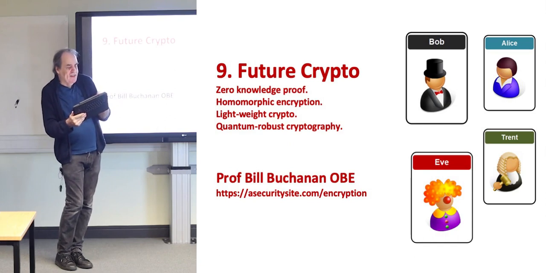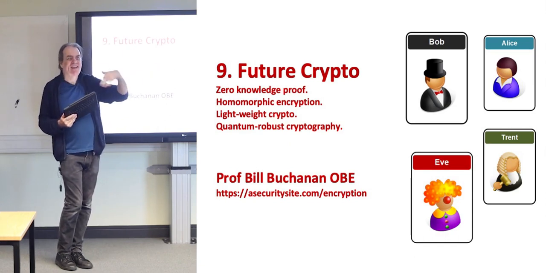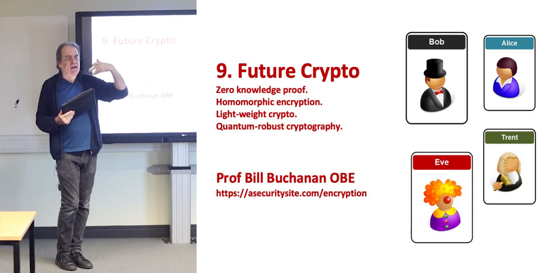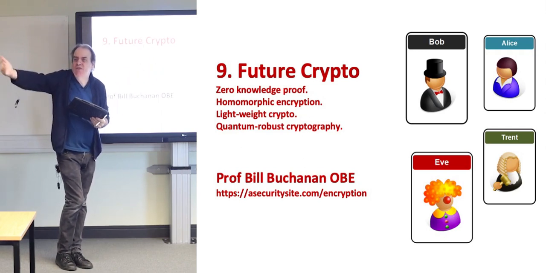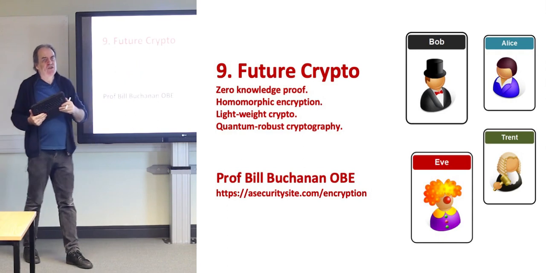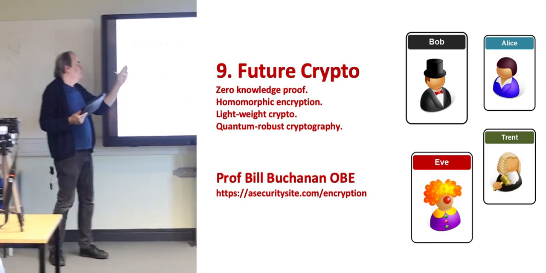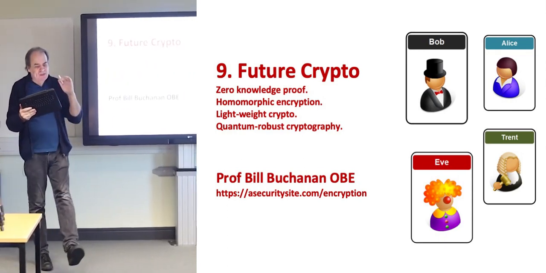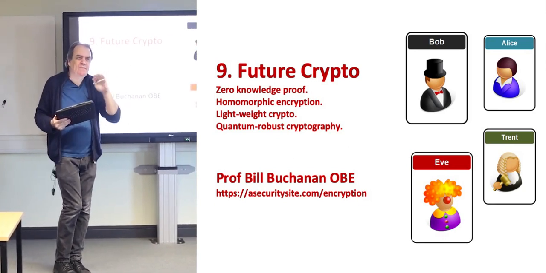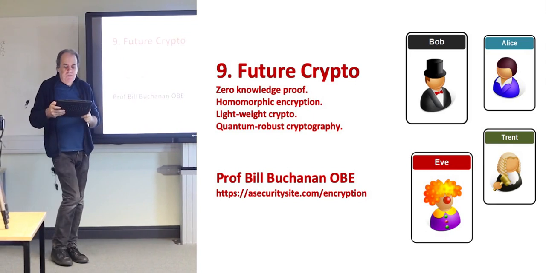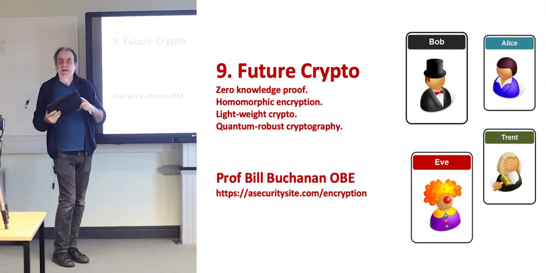Then we'll look to the future and over the hill of where we are now. As graduates, you need to understand where the industry is going and show a vision of the future and show your migration paths. So zero knowledge proof, homomorphic encryption, lightweight crypto, and quantum robust. We'll touch on them a little bit, but we'd like you to investigate them as part of your coursework.